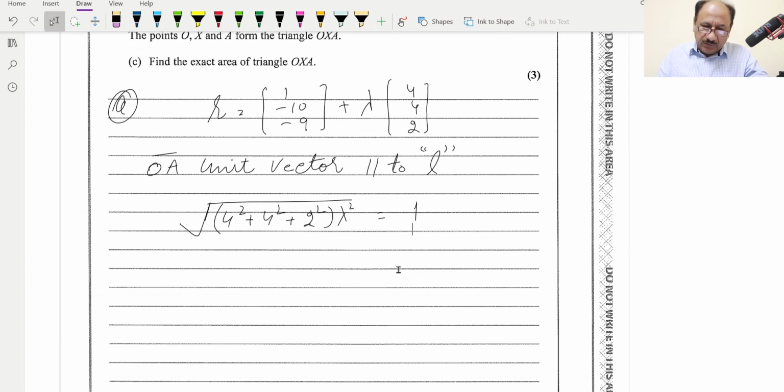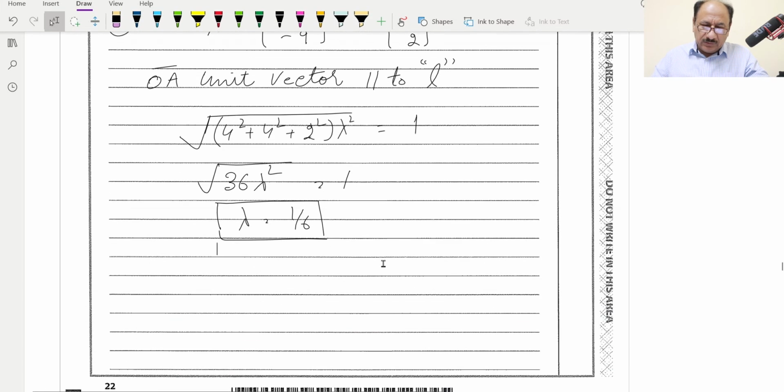So 4 squared will be 16 plus 16 will be 32, 32 plus 4 will be 36, so it will be the square root of 36 lambda squared is equal to 1. So lambda will be equal to 1 over 6. This is the value which we will get from this simplification.